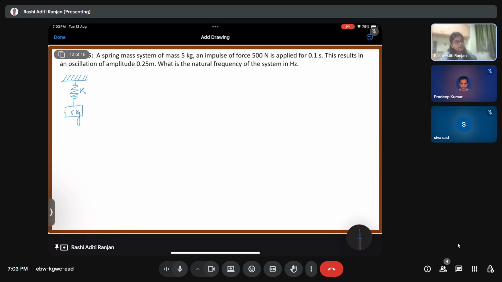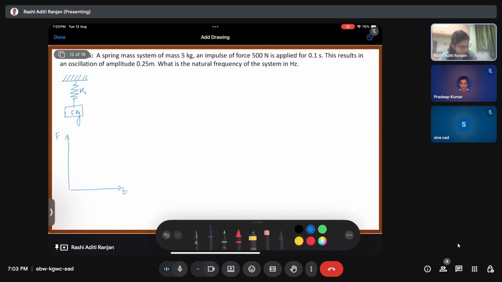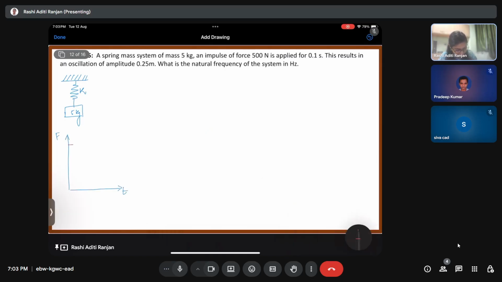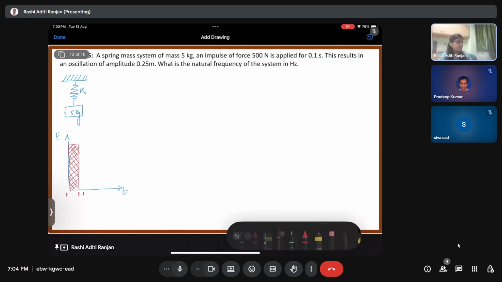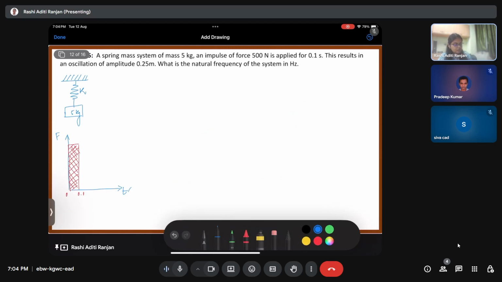An impulse of force 500 Newton is applied for 0.1 second. So the impulse F times t is applied such that... okay. So this is the impulse.